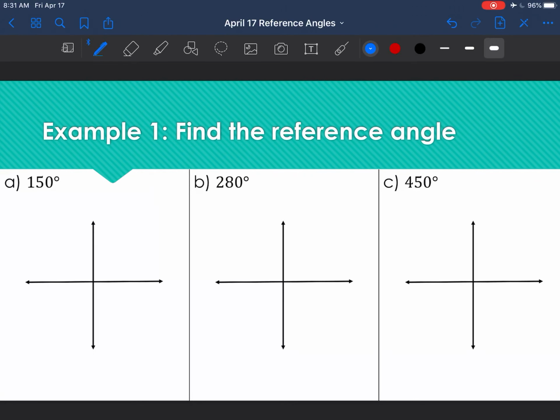Starting with the first one is 150 degrees. Let me write in the degrees for you guys since you're still learning them. All right, so starting at 0, always on the right side, quarter turn 90, half turn 180, 270, 360, ends back at 0. 150 degrees is what we're drawing for this one.